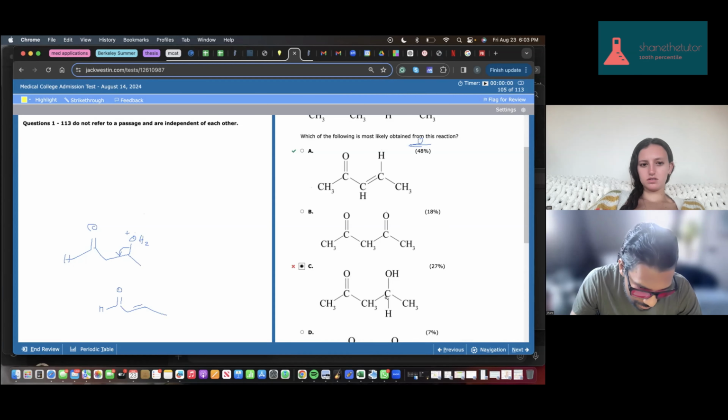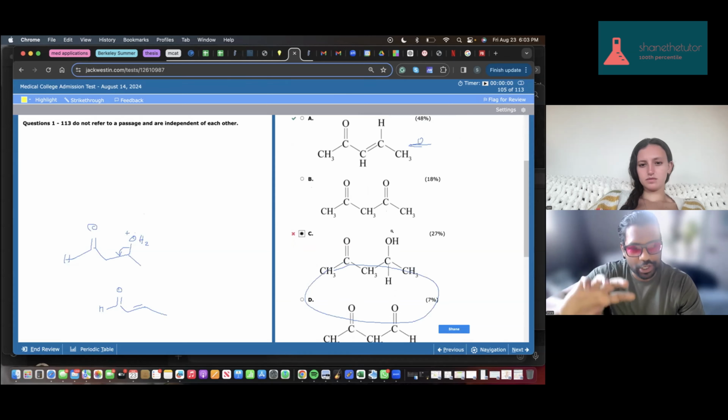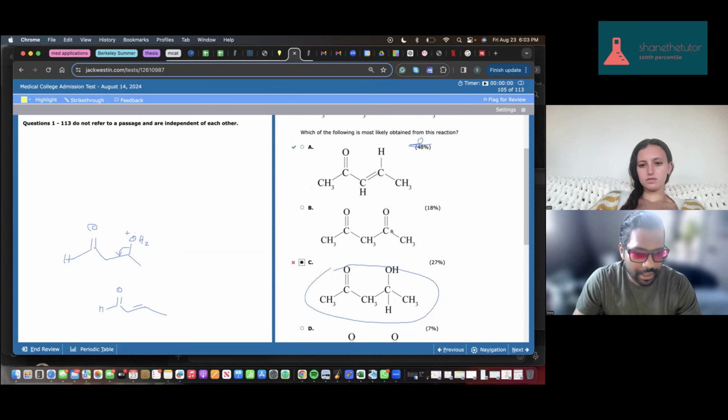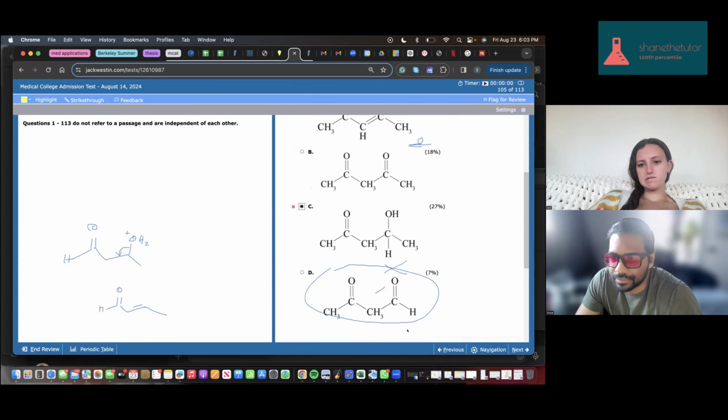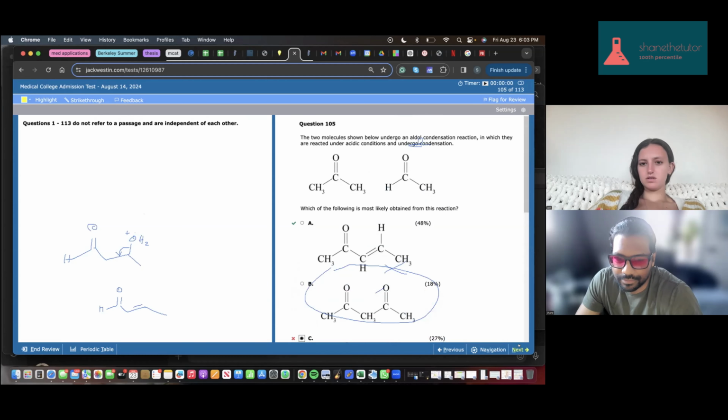Oh, sorry, I'm looking at C, but the O's not necessary, we got rid of the oxygen. This would be what the aldol looks like, but when you do that last condensation step, it leaves and you just get a double bond there instead. Okay, that makes sense. I think I literally just combined them.